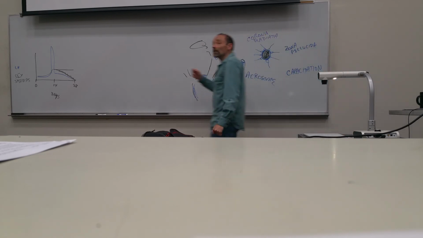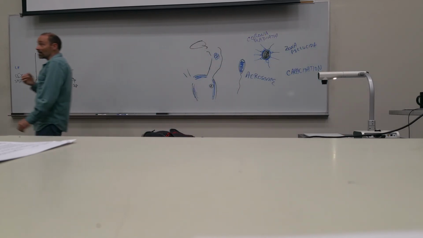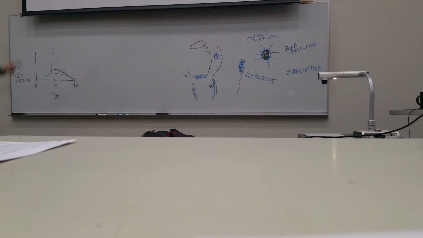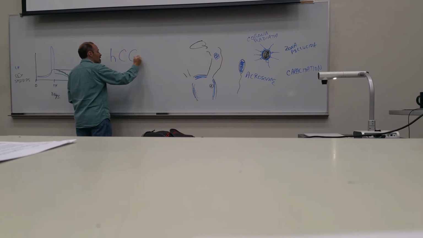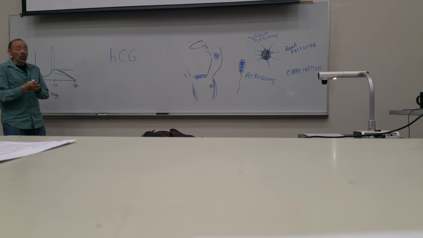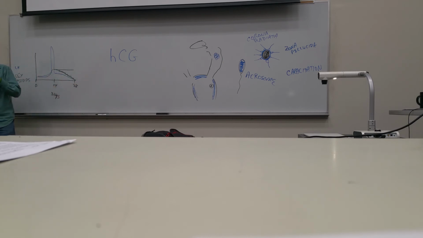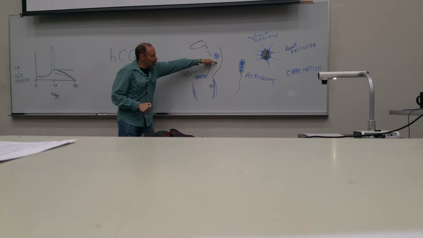The embryo, specifically the chorion cells of the embryo, even before they make it to the uterus, start secreting a hormone called HCG, lowercase h, capital CG. This hormone is going to overlap the function of LH. It's going to tell the corpus luteum, hey, stay active, because I'm on the way here.